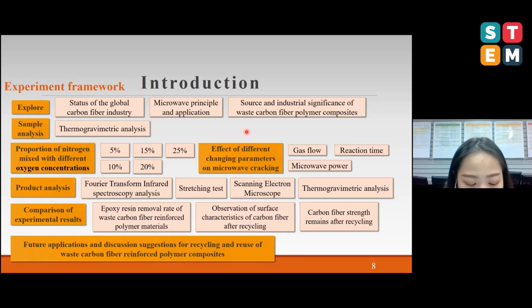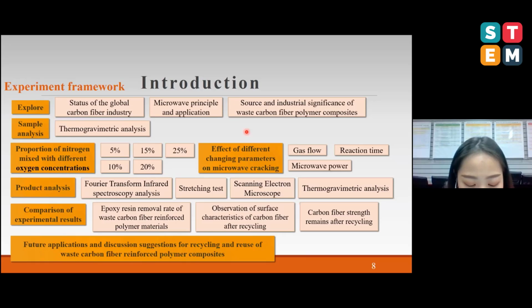We choose to mix oxygen and nitrogen to test the effect of microwave pyrolysis on the recovery of waste carbon fiber composites.